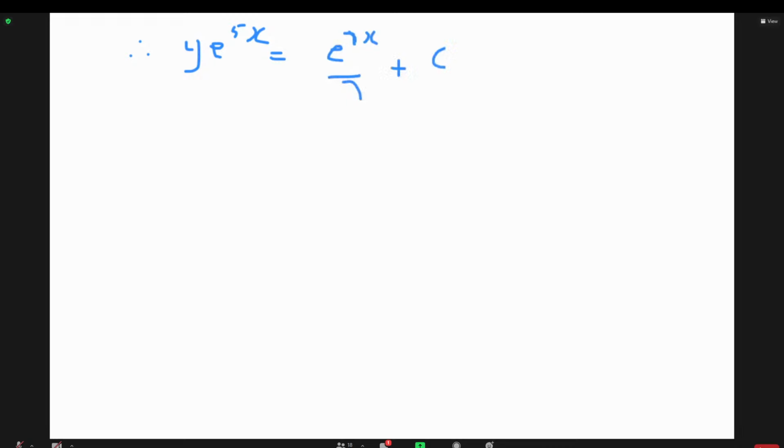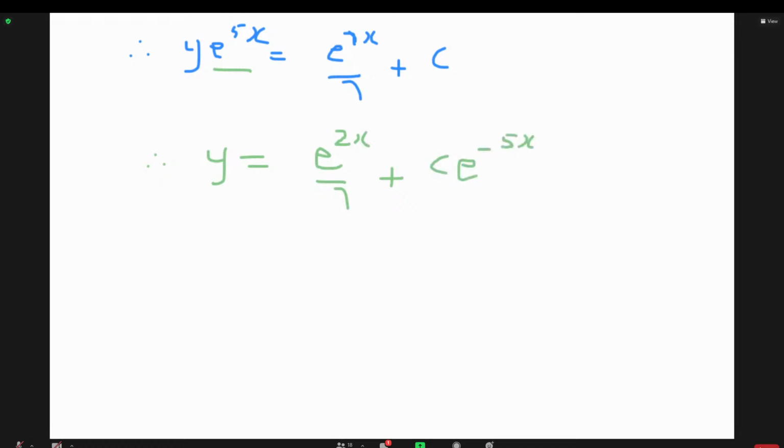All right, now we're going to get rid of this e to the 5x from the left. So therefore, y is equal to, when this goes on this side, it is going to be divided. So you subtract the powers. So we're going to get e to the 2x over 7 plus c over e to the 5x. Bring that on top. Okay? And that's it.